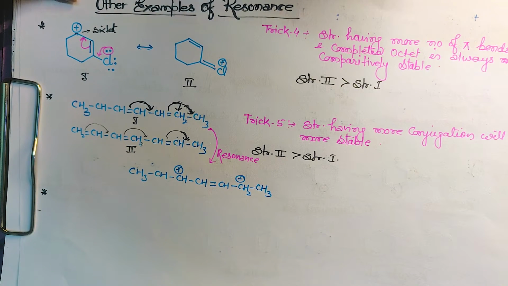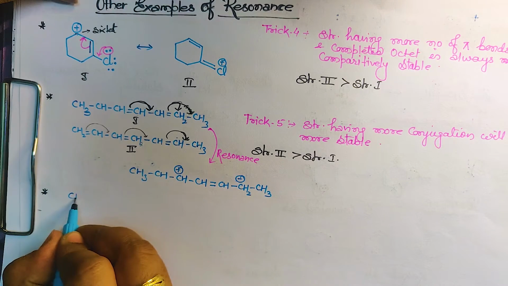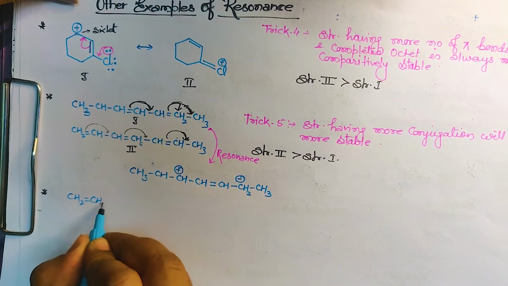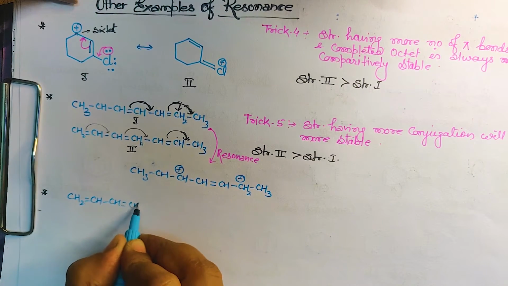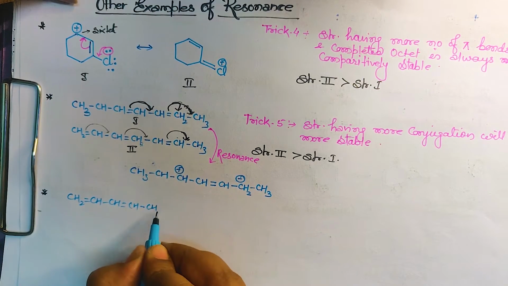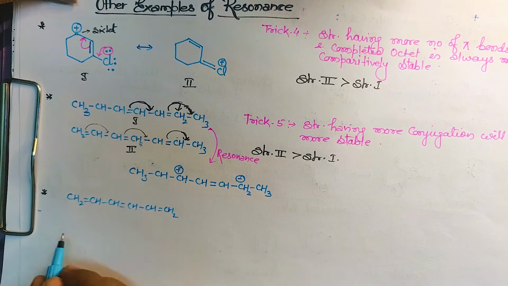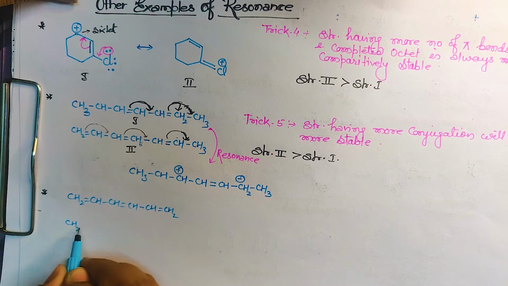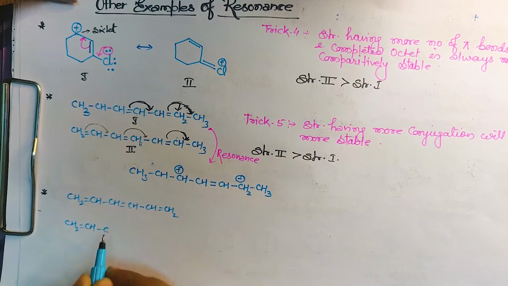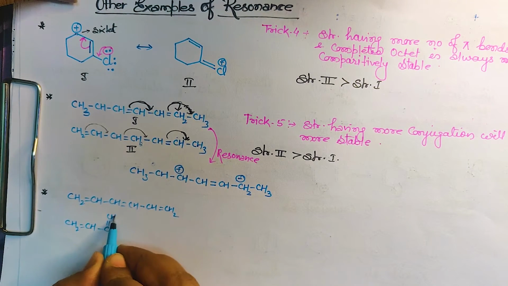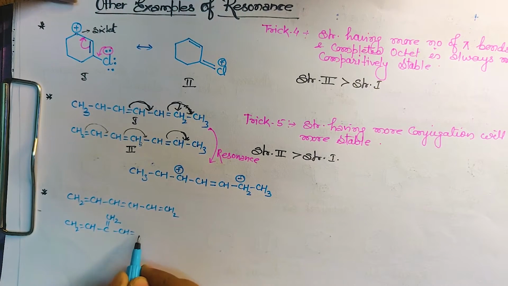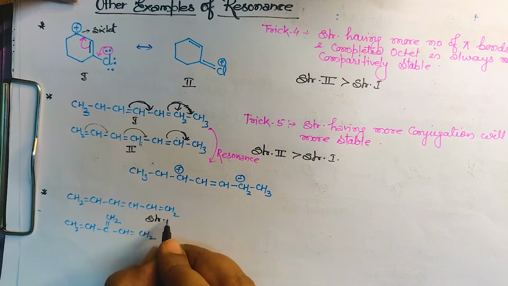Suppose that 2 examples are there. Here the example is given CH2 double bond CH, CH double bond CH, then CH double bond CH2. And this one is saying CH2 double bond CH. Okay, this is structure 1 and structure 2.